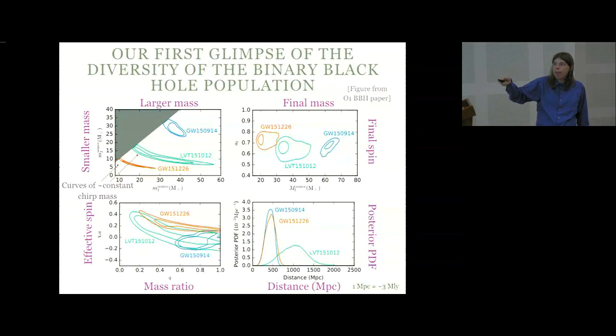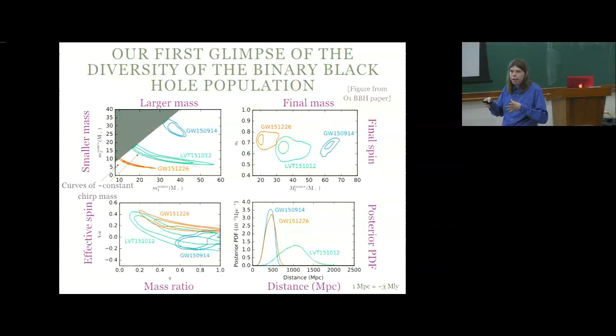Then also comparing the final mass and final spin, you see that they're all about the same final spin. This one is a bit higher, which I'll explain. This is because you're mostly seeing the effect of the orbital angular momentum you have right before the merger, and not so much an effect of each of the individual spins.